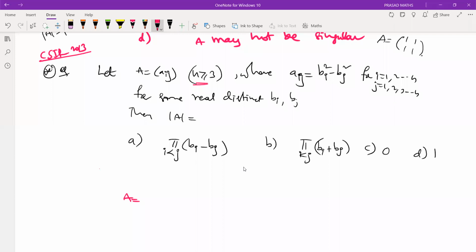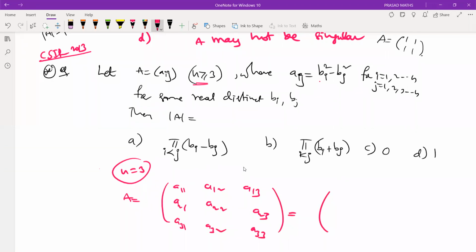You can take A as a 3 by 3 matrix, with entries A11, A12, A13, A21, A22, A23, A31, A32, A33.